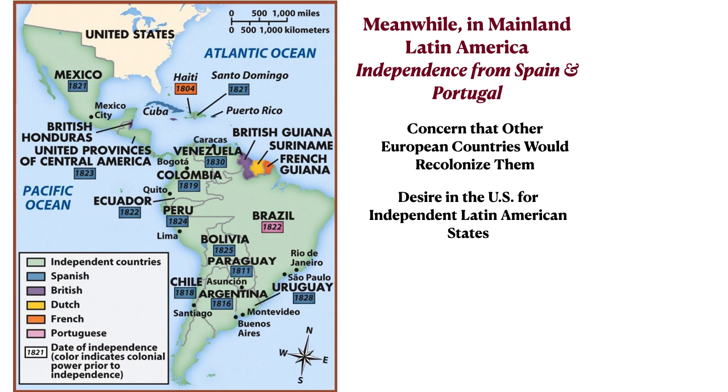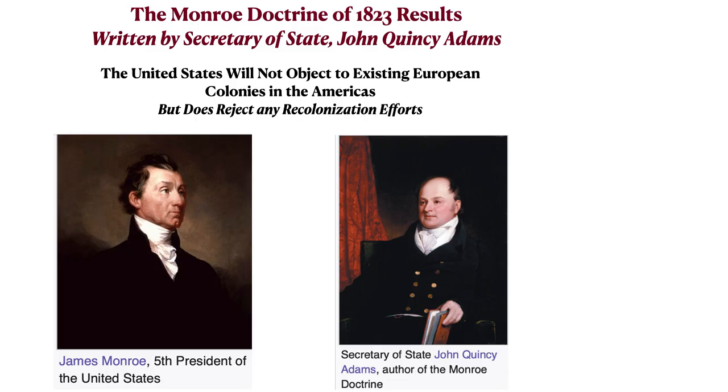And what the United States wanted was independent Latin American states with which the United States could trade and have a somewhat dominant position, if you like. And the result of this was the Monroe Doctrine associated with President Monroe, but it was written again by the Secretary of State, John Quincy Adams.